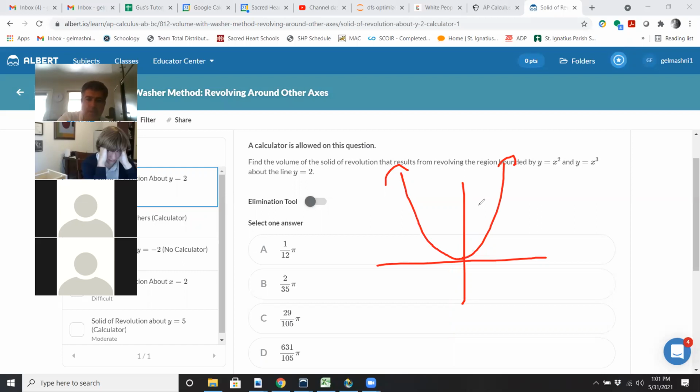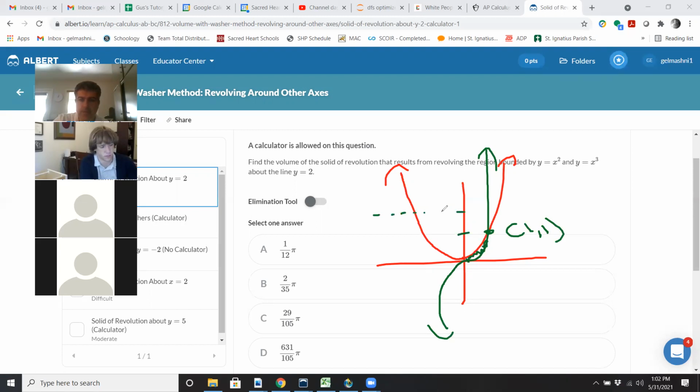They intersect at 1, 1. You're taking this region here and rotating it along y equals 2.